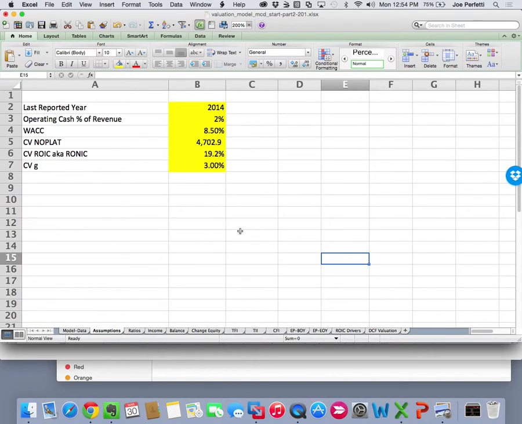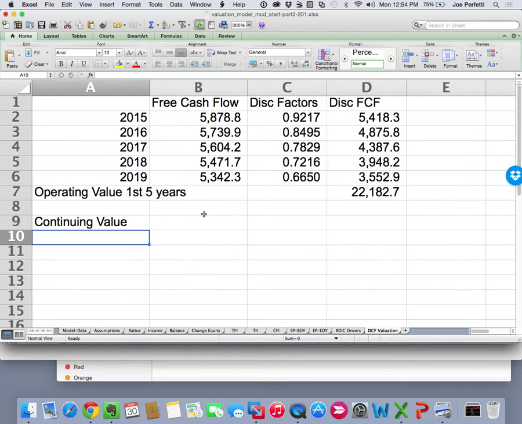All right, so now we have enough data points to do our continuing value.